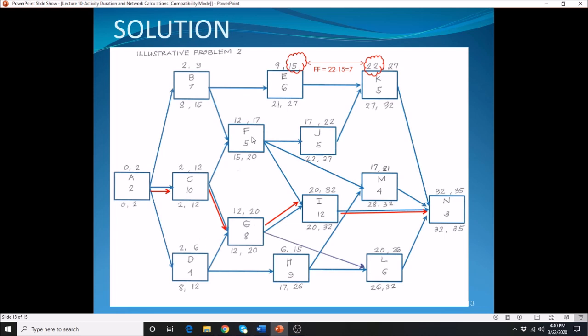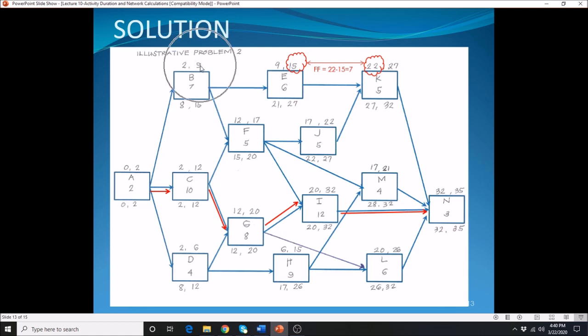As we move on to activity E, that is only coming from activity B, so you carry over your 9 here. Then F is coming from B and C. Remember, you need to carry the maximum value.